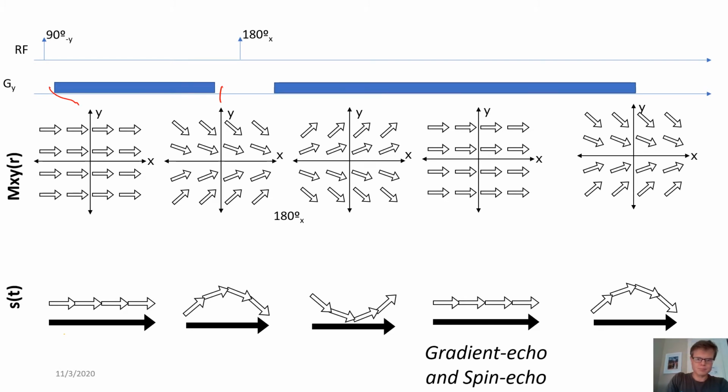So this creates some direction of rotation dependent on position. Okay, fine, we've seen that before. Now what does the 180-degree pulse do? Just like was the case for refocusing phase due to off resonance, here we're just looking at the phase due to the gradients. It's going to flip around the phase due to the gradients.